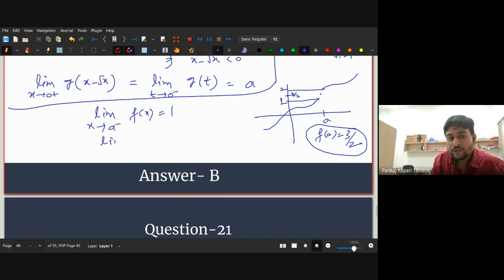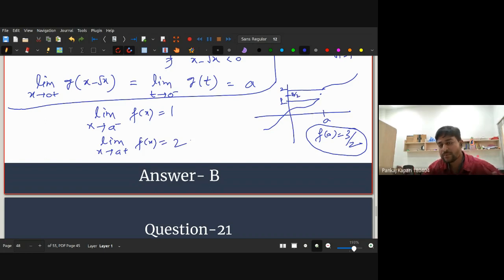And if x goes to a from the right, then this limit is 2. So it doesn't matter if the function is defined at a or not. For the limit it doesn't matter. So f of a can be anything. It can be 3 by 2 or some 4 or some minus 10. The function value at a particular point does not matter when you are finding the limits.